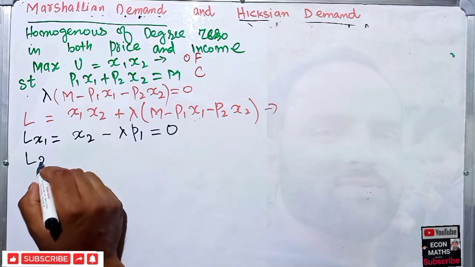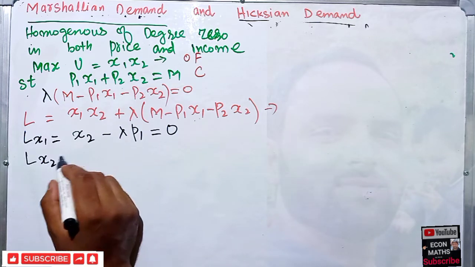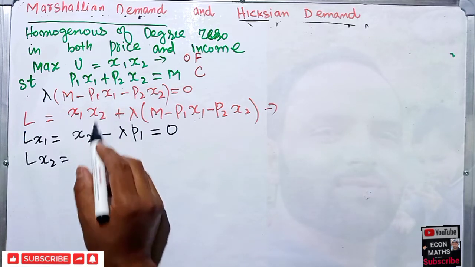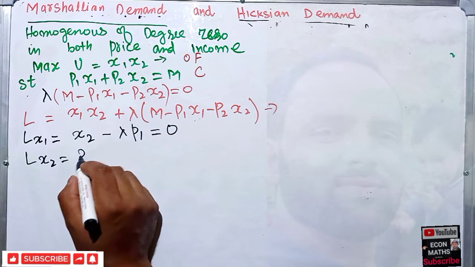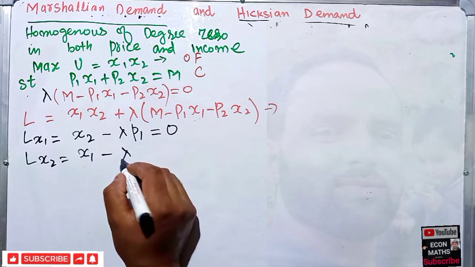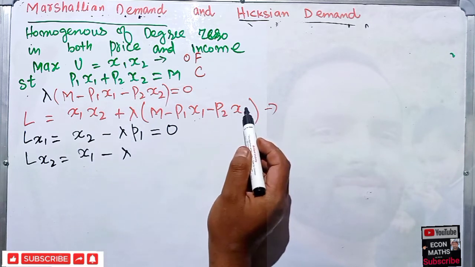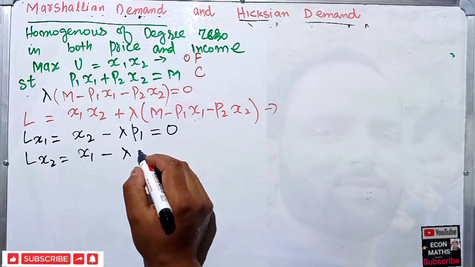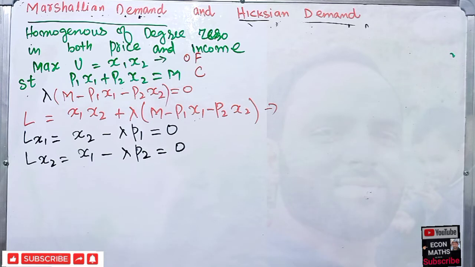Similarly, we partially differentiate with respect to x2. The derivative of x2 is 1, so we are left with x1 minus lambda p2, and set it equal to 0.